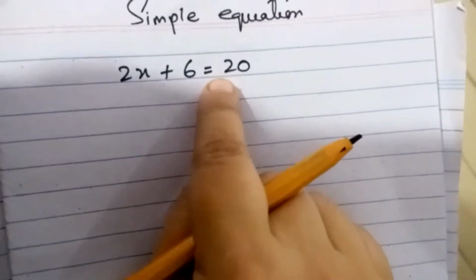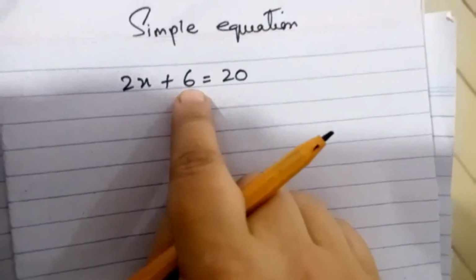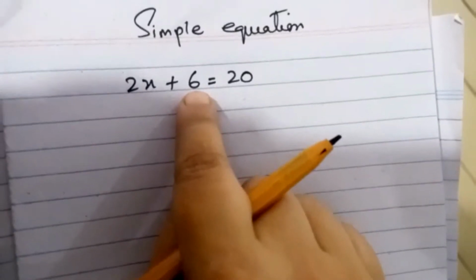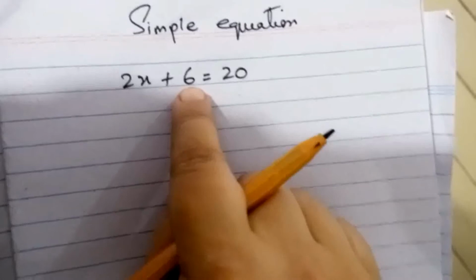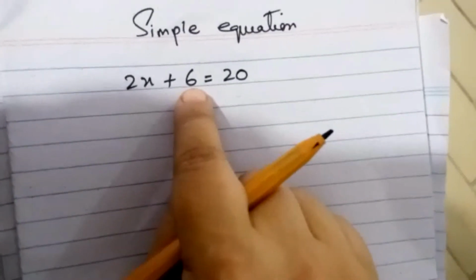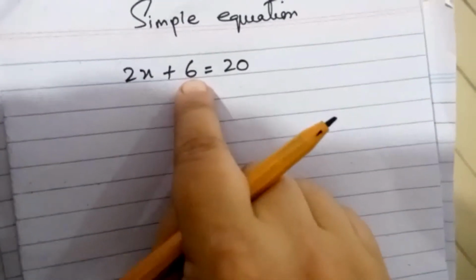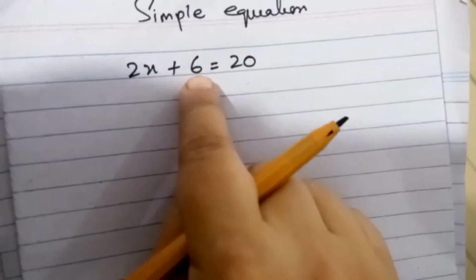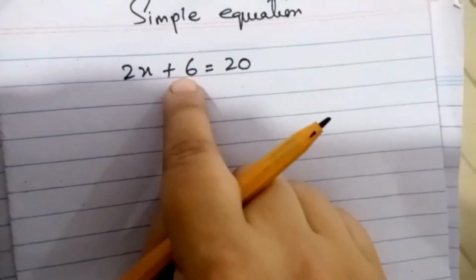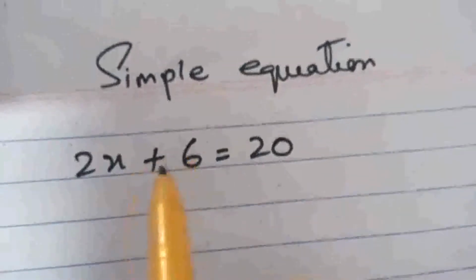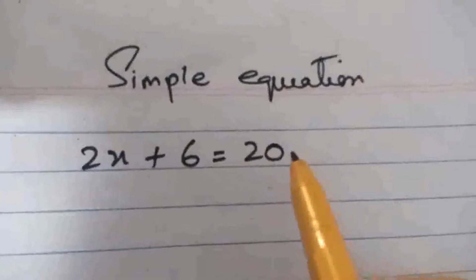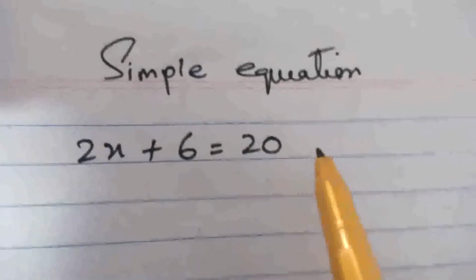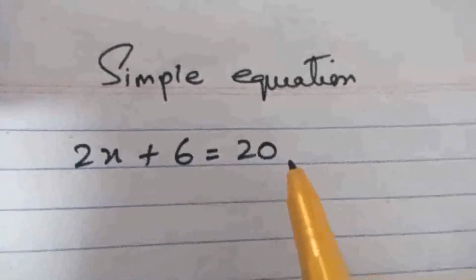Now, in the rule of equation, the operation of addition is changed by the operation of subtraction when you are changing the side of any one of the expressions. If I want to transfer plus 6 from left to right, then plus 6 will change into minus 6.